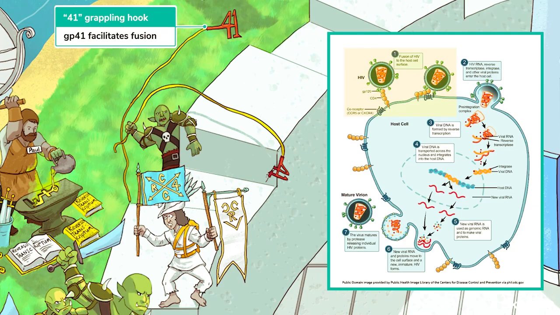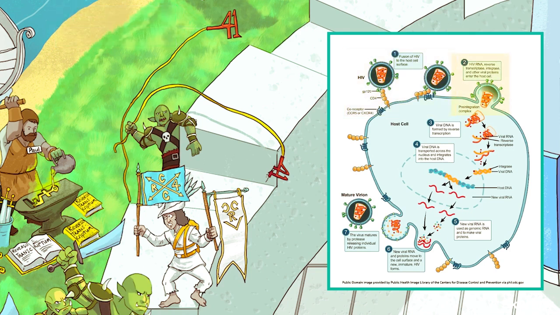Once GP120 binds the host receptors, GP41 undergoes a conformational change that leads to fusion of the viral membrane, aka viral envelope, with the host cell membrane. Now we see the White Wizard's camp storming the castle, trying to fuse to the wall with these GP41 hooks. Upon entry, the virus uncoats, releasing viral RNA, enzymes, and structural proteins into the cytoplasm.